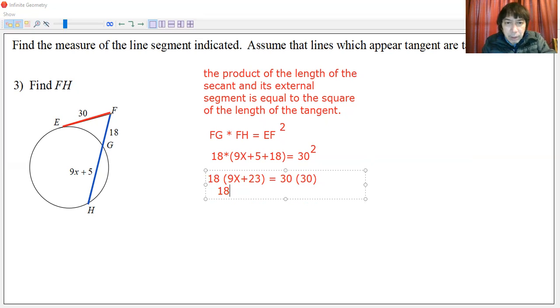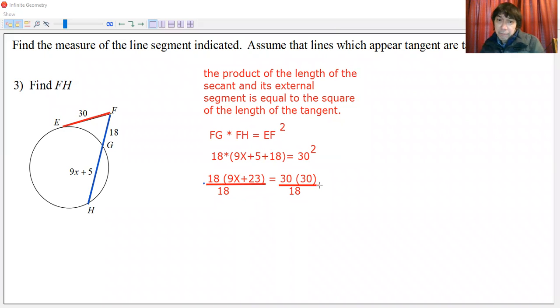Divide this by 18, and we put a division symbol. Let's go back to our red. This is divide, and divide. We shall simplify the division there.